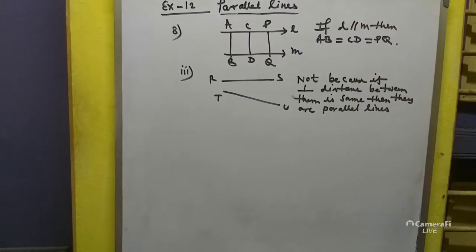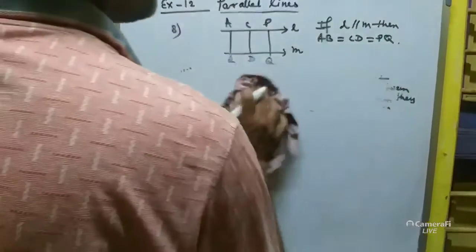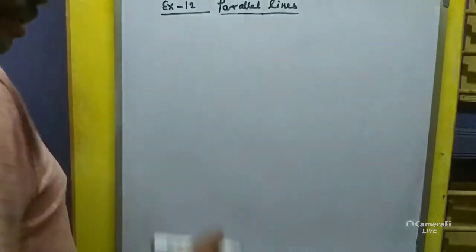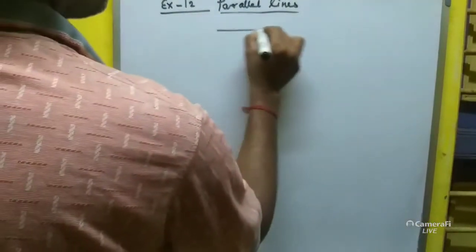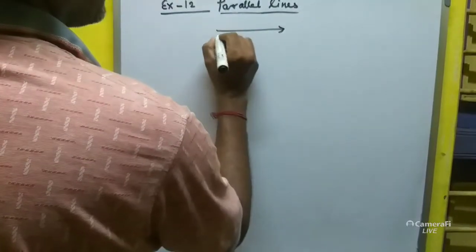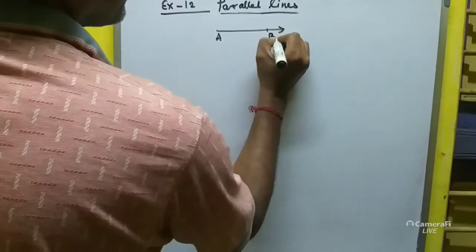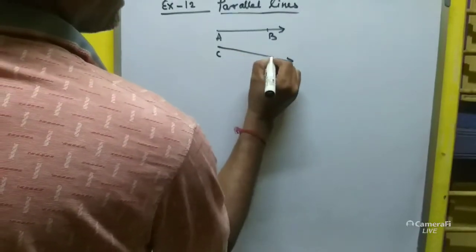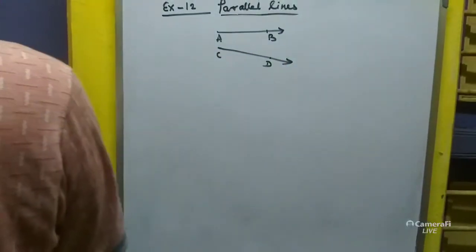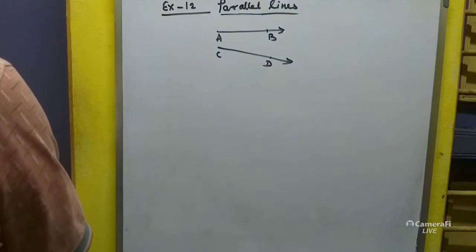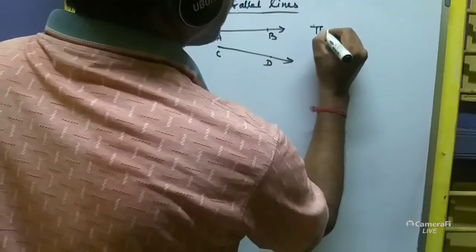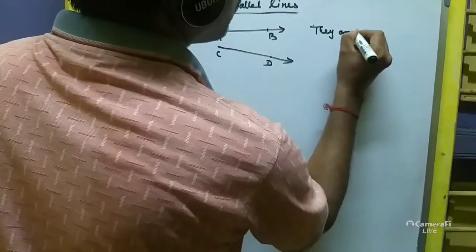If two rays do not intersect, they are parallel. This is also wrong. If I draw two rays in this way, suppose this is A and B, and then I draw another ray, C and D. Look, they do not intersect because they have no common point. Are they parallel? No, they are not parallel.